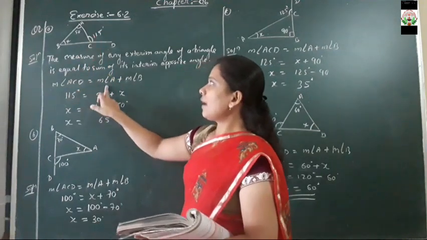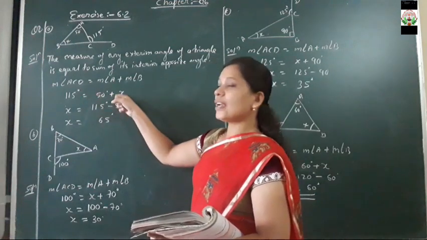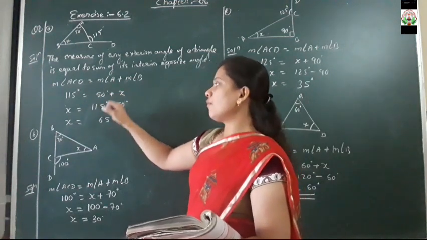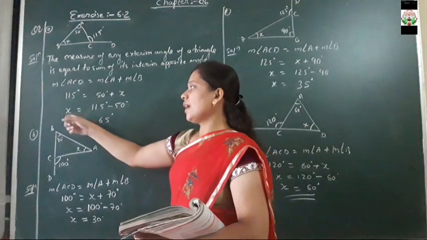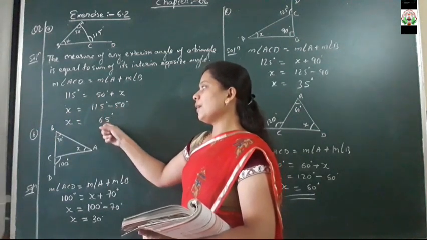One of the interior angles is 50, and the second interior angle is x, which we have to find. So transposing, x is equal to 150 minus 50, which becomes 100.